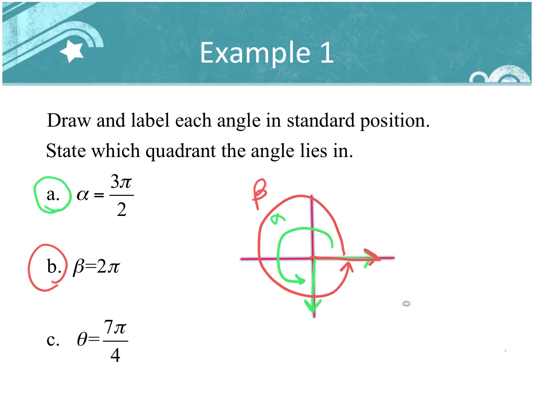This last one is theta, 7 pi over 4. Not where I told you to put things, right? How could you figure it out? Well, first take it, convert it, right? Is that what you're doing in your head? Yeah. What's 7 over 4? 1 and 3/4.